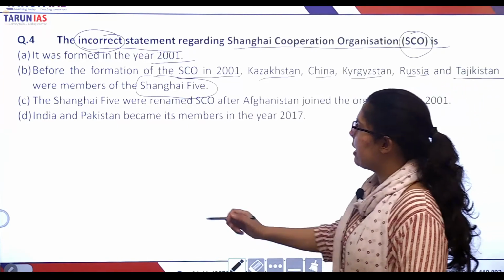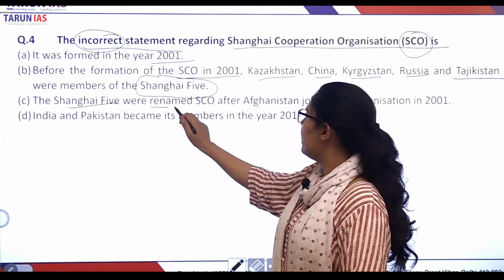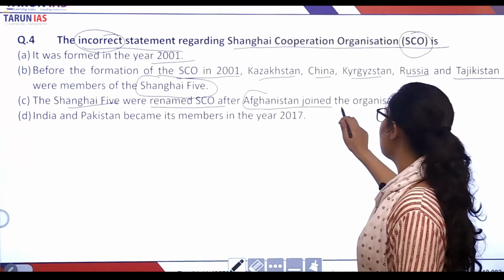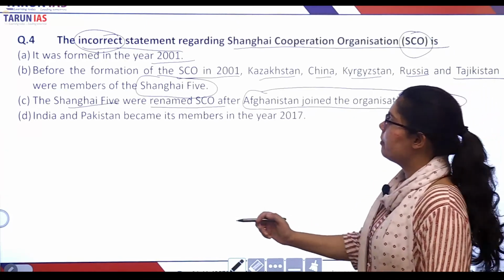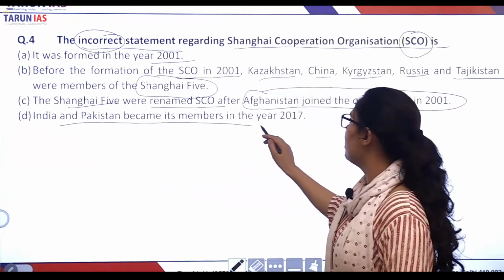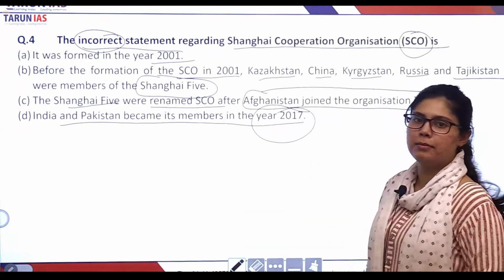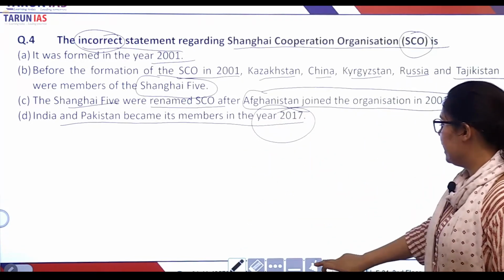The third statement says that the Shanghai Five were renamed SCO after Afghanistan joined the organization in 2001. And the fourth statement says that India and Pakistan became its members in the year 2017. So we'll choose the incorrect statement here.